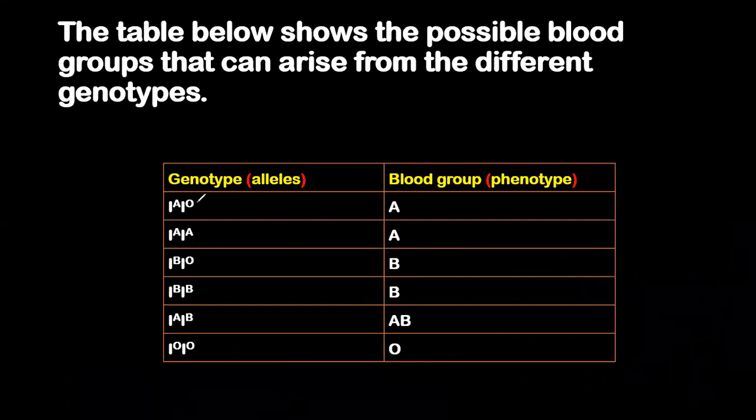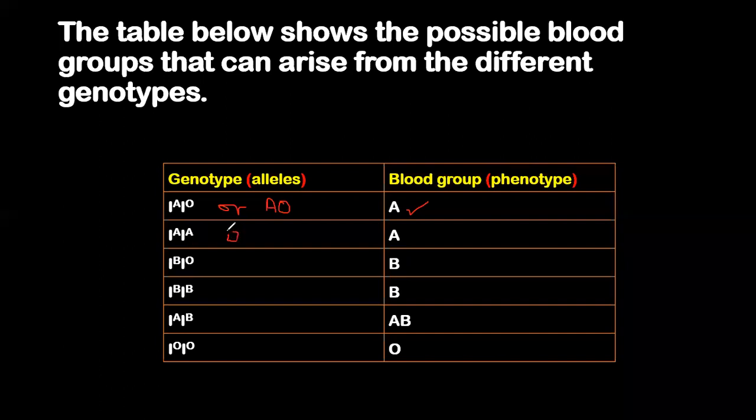If you have A and O, then this one is blood group A. Why? Because O is recessive to A.